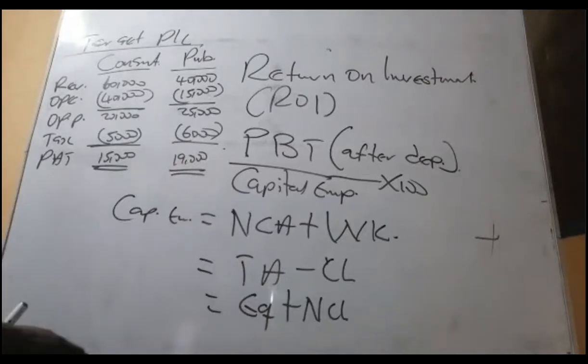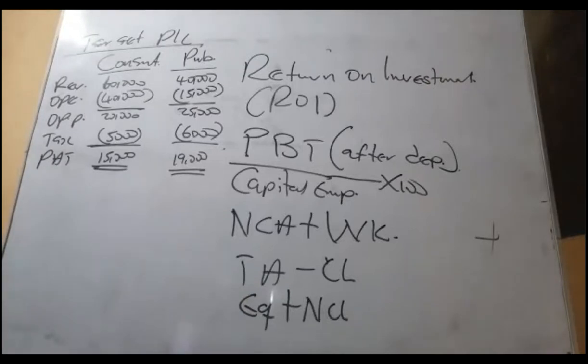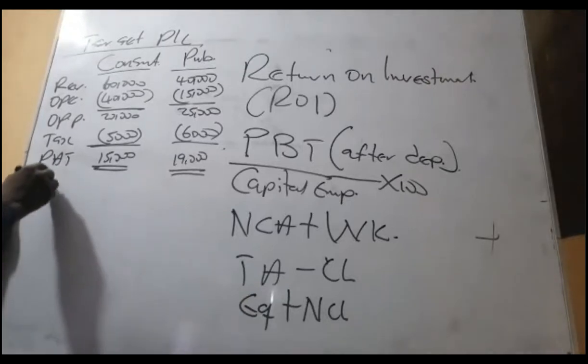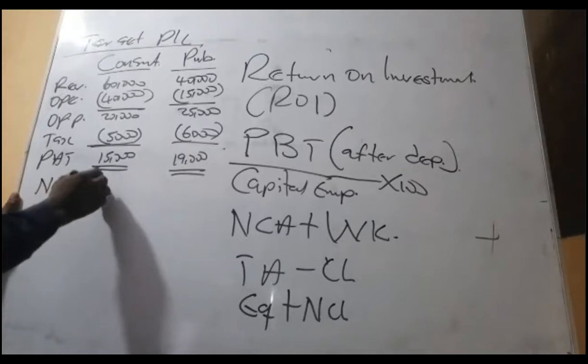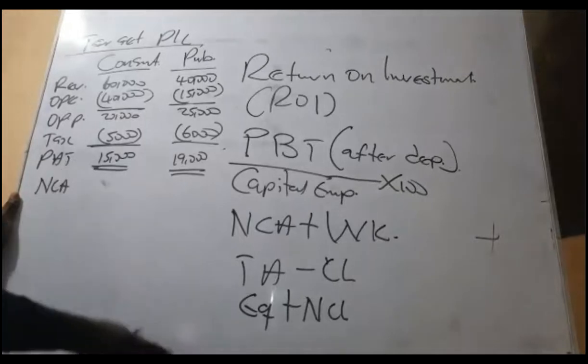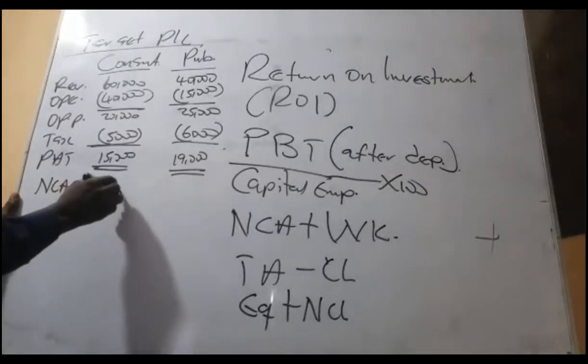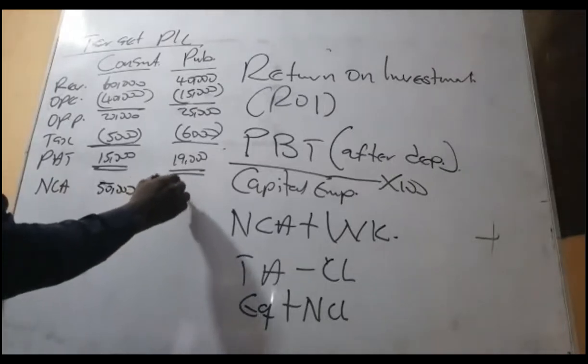Let's continue. Extracts from the statement of financial position are as follows. Non-current assets happen to be 50,000, and here 45,000.